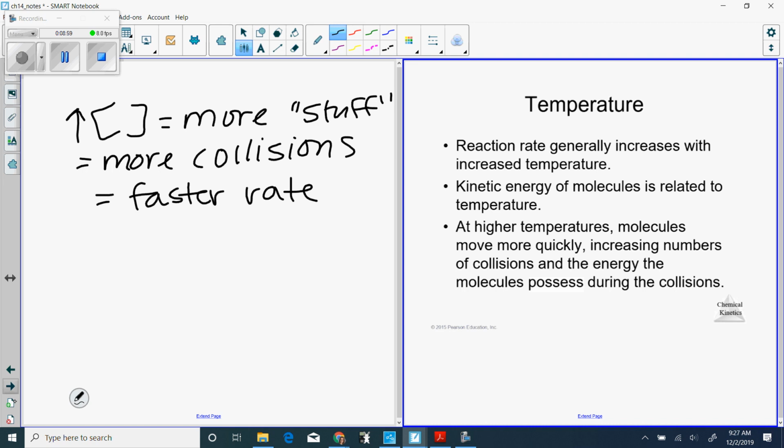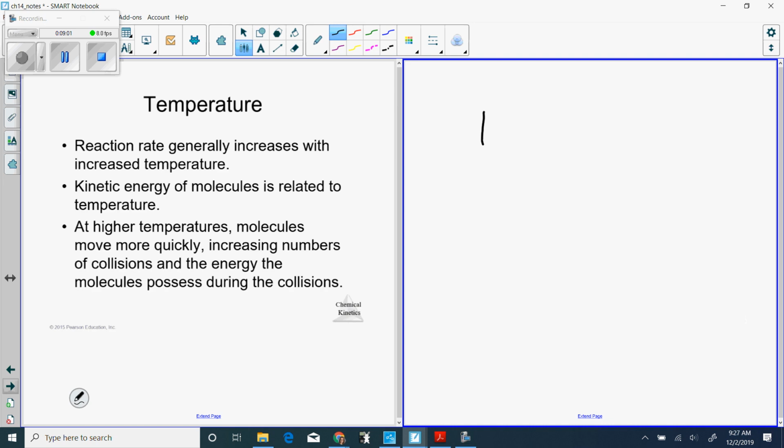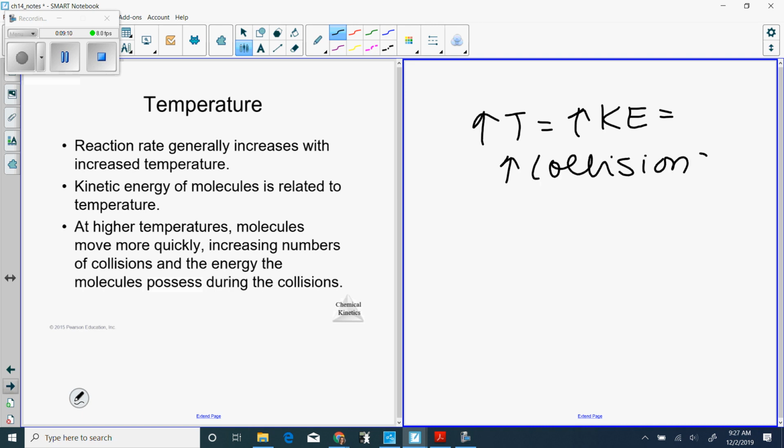Temperature means kinetic energy. If I have a higher temperature, I have more kinetic energy. More kinetic energy means more collisions. They're moving faster. Hot stuff reacts faster than cold stuff.